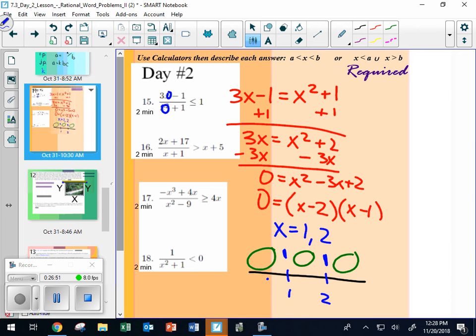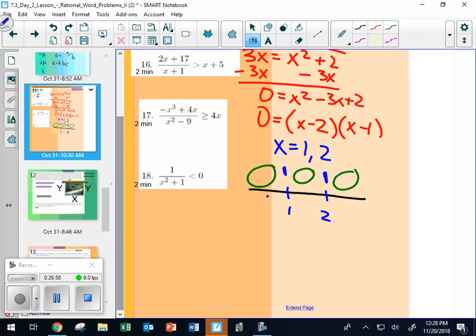So negative 1 divided by 1 is negative 1. Is negative 1 less than 1? Right here we got negative 1, and negative 1 is less than 1. So I would say that this is a good place to be. We want this area over here.